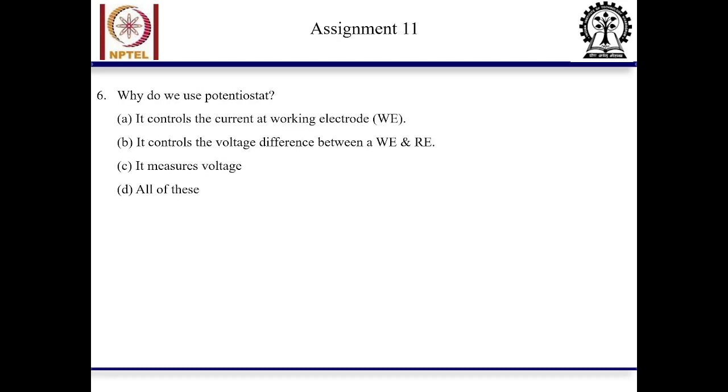Okay, I will go to question number 6 now. Why do we use the potentiostat? It controls the current at the working electrode. It controls the voltage difference between the working electrode and reference electrode. It measures the voltage. All of this.